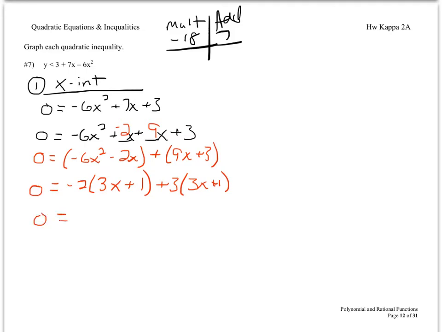So the GCF of those 2 terms is 3x plus 1, leaving us with a negative, oh fudge, there's supposed to be an x up here. The GCF of this first group, -6x squared minus 2x, is -2x. I just wrote down -2. So here I got -2x plus 3. Sorry about that. And sorry for the language. I said fudge.